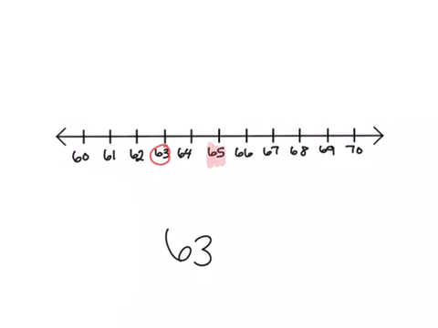Anything to the left of 65 is going to be rounded to 60, and anything to the right of 65 is going to be rounded to 70. So 63, I can see here, falls on the left side of 65, so that means I'm going to round it to 60.